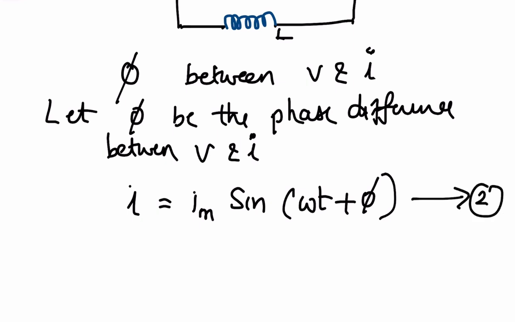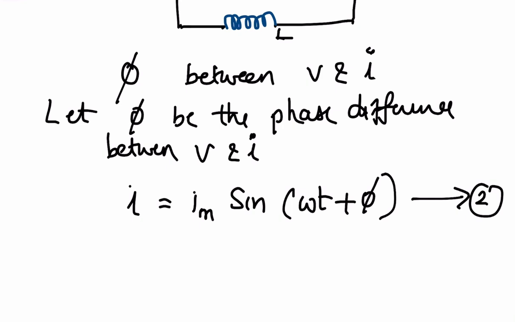So this is the phase difference between the voltage across the source and the current in the circuit. One more thing I want to tell you: because it is a series circuit, current is the same through all the devices. That is, the current through the inductance, the capacitance and the resistance is the same because they are in series.